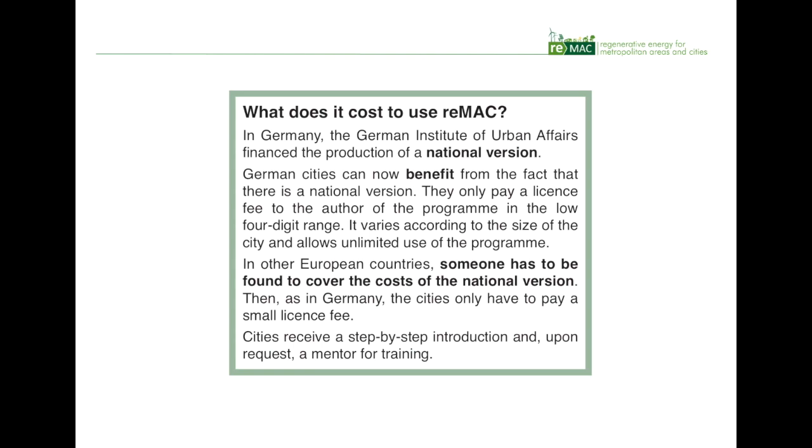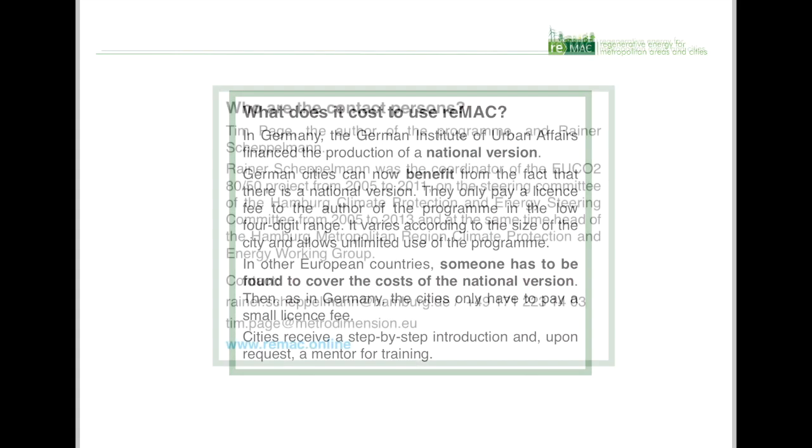It varies according to the size of the city and allows unlimited use of the program. In other European countries, someone has to be found to cover the costs of the national version. Then, as in Germany, the cities only have to pay a small license fee. Cities receive a step-by-step introduction and, upon request, a mentor for training.